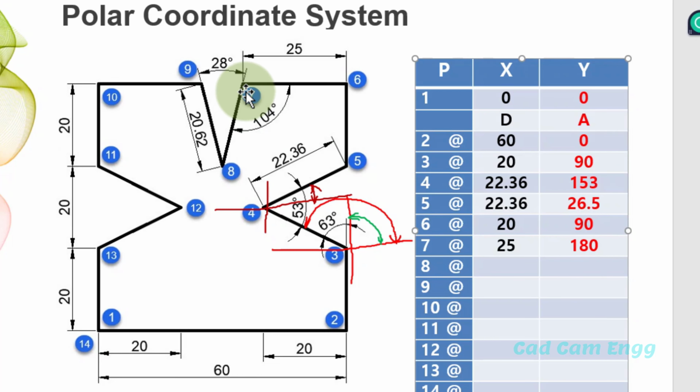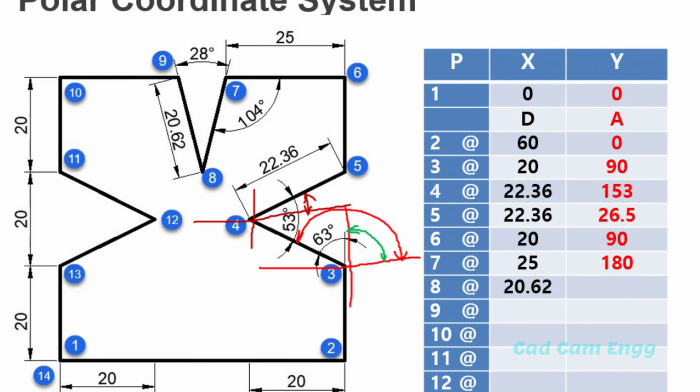Next, here also it is inclined, here also we have that angle. Point number 8, the distance is 20.62, then the angle. How do we find this angle? This is also very simple, because now this is our origin point.